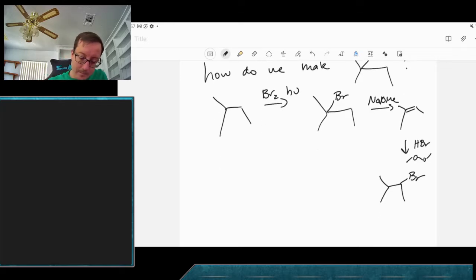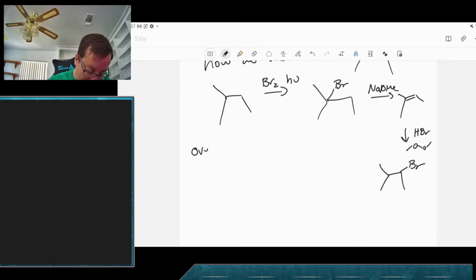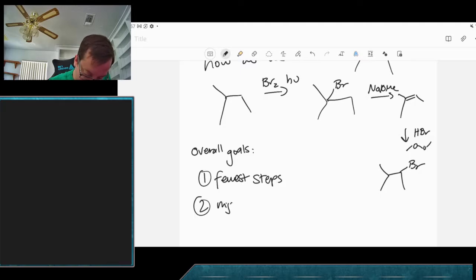So the overall goals for synthesis is do it in the fewest steps possible, and then we also need each reaction or each intermediate is the major product.